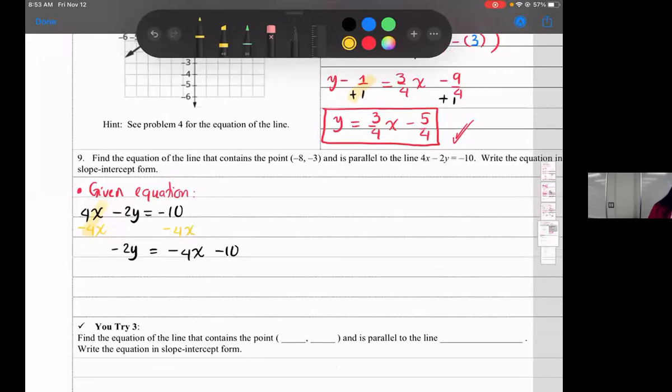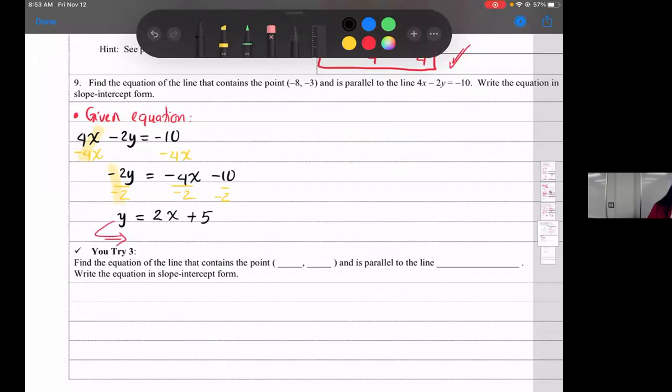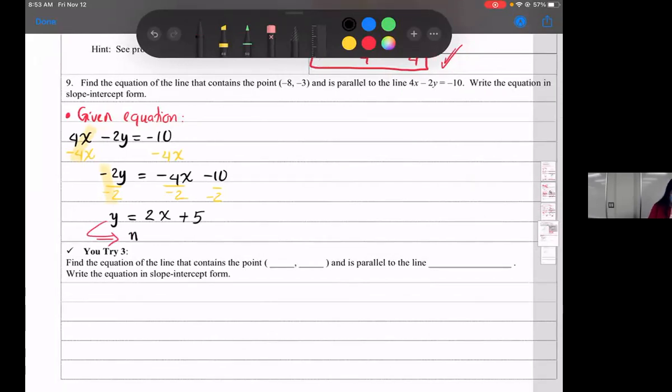Divide both sides by -2. That cancels. I have y equals -4 divided by -2 is +2, so +2x. -10 divided by -2 is +5. So from here, what can you conclude? Yeah, the slope is 2.